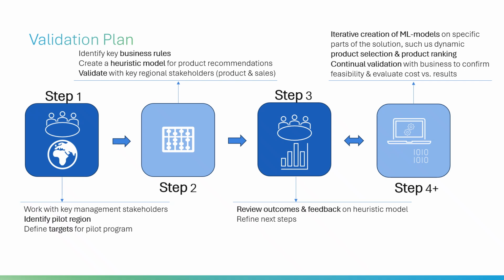After review, we can then dissect and look at which parts of this business model machine learning specifically could be applied. I would be looking at two areas. First, how to select the right products, looking at the target markets, and second, how to rank them based on their potential.